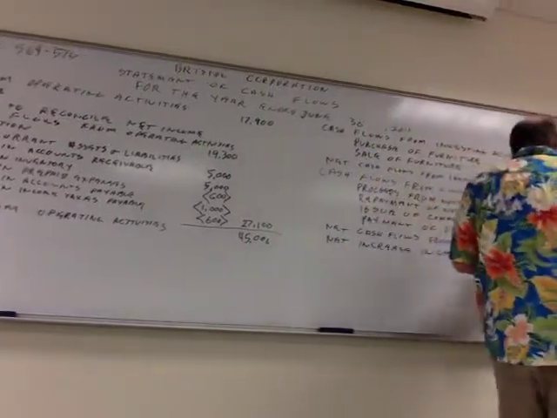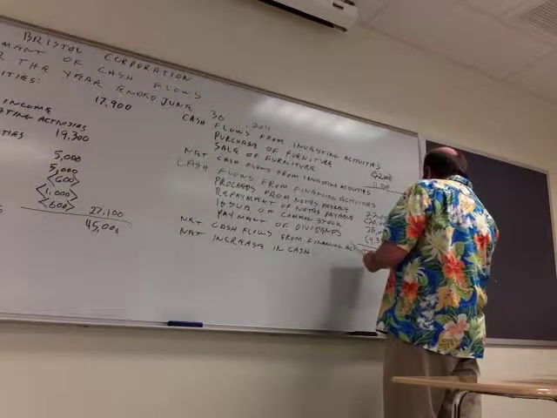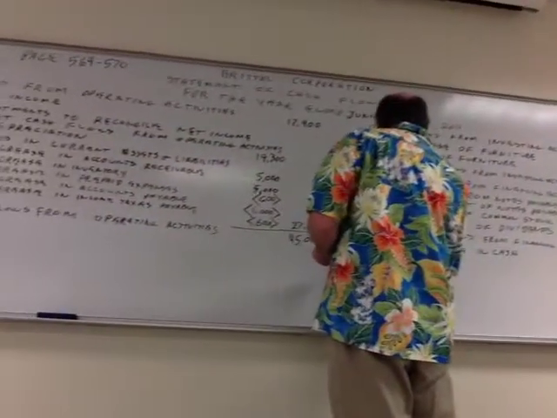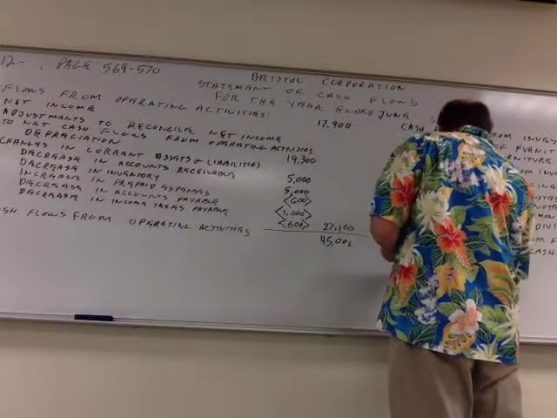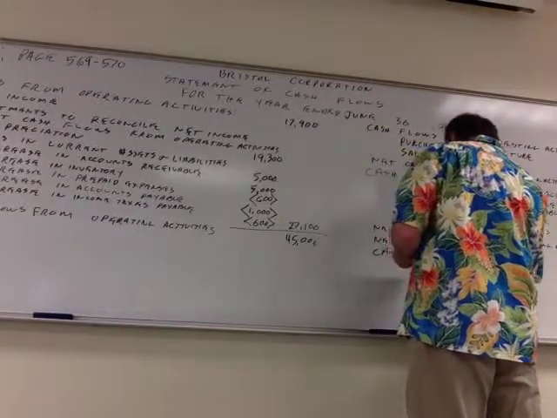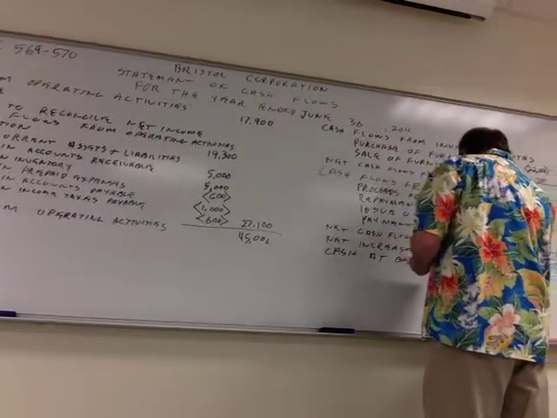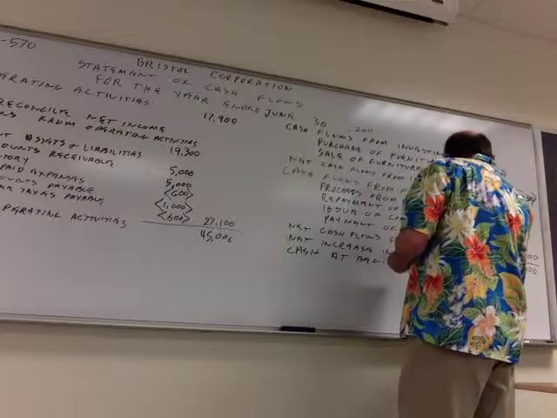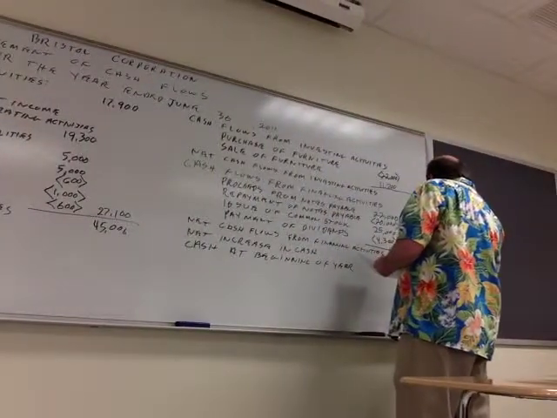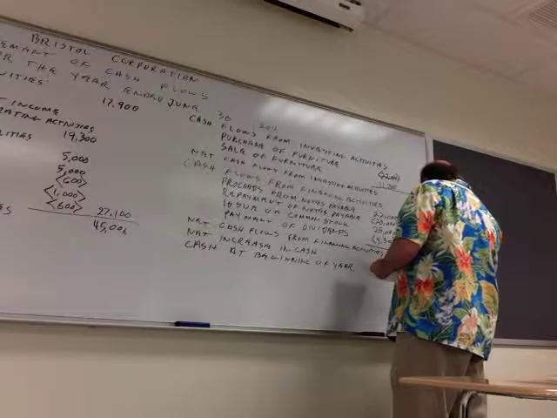So the net increase in cash is $57,400. And sure enough, on the balance sheet, cash at the beginning of the year was $12,500, and the cash at the end of the year was $69,900.